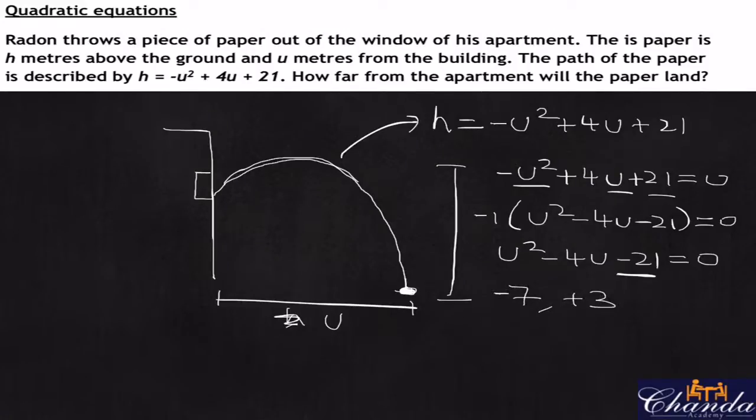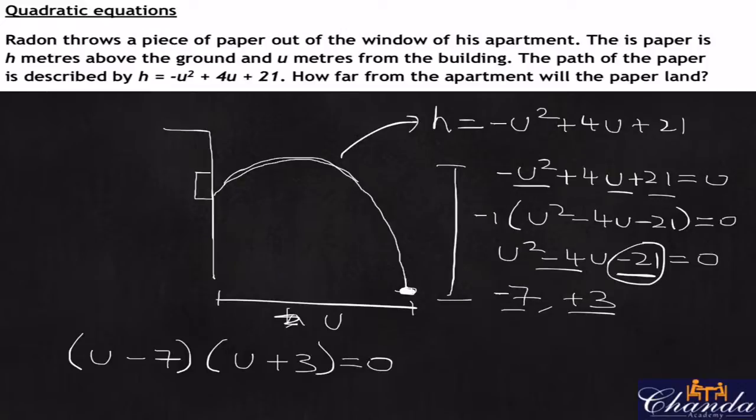Because negative 7 times positive 3 gives us a negative 21. And negative 7 plus 3 also gives us the negative 4 that we need in the middle. So to factorize this particular equation, we have u minus 7 and u plus 3 equals 0. So the two possible values are positive 7 and negative 3.